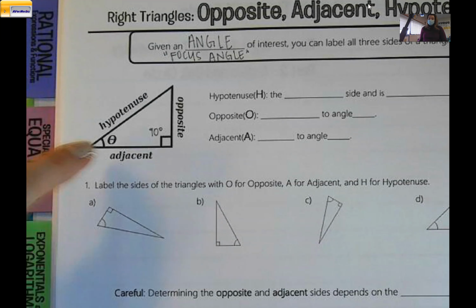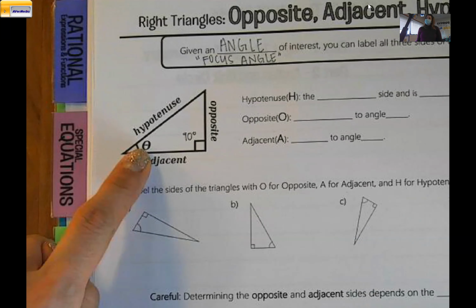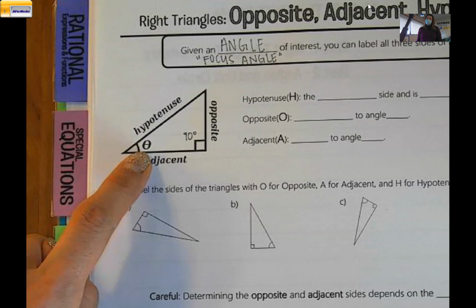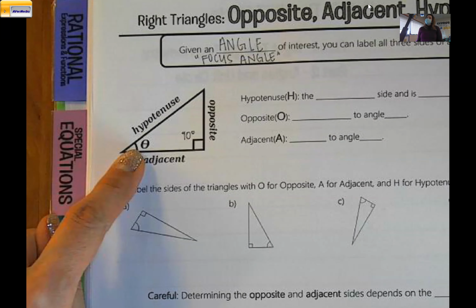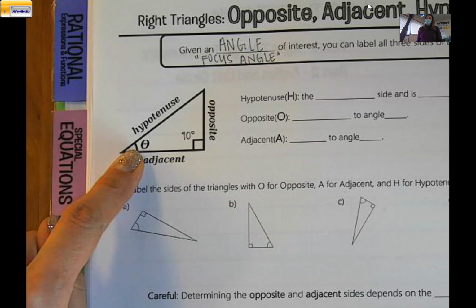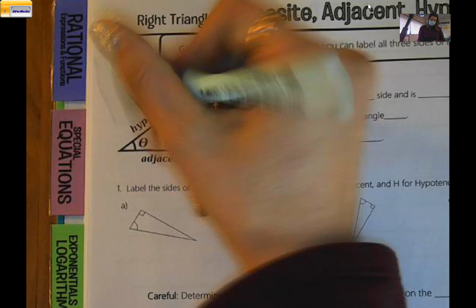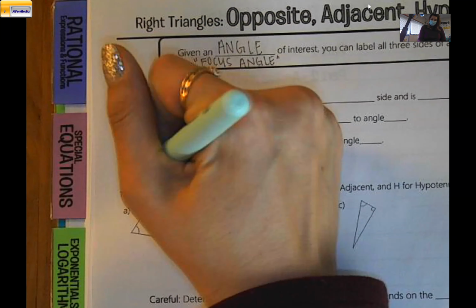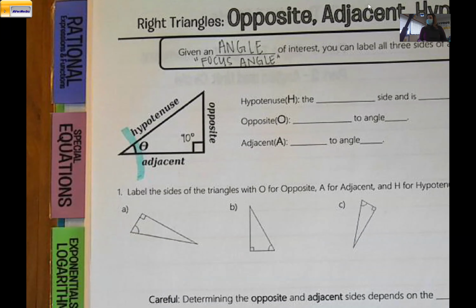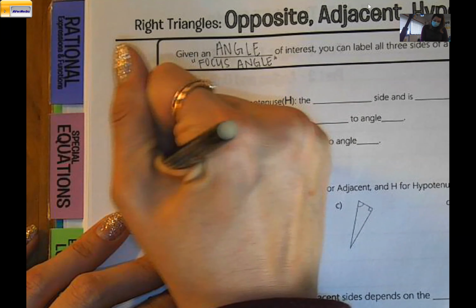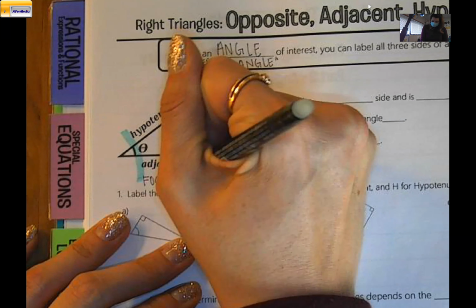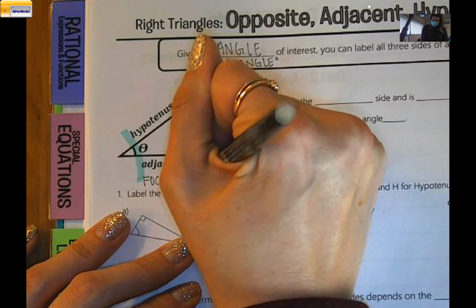In this case, our focus angle is right here on the bottom left, and its name is theta. I'm going to highlight that. This guy is your focus angle. His name is theta.